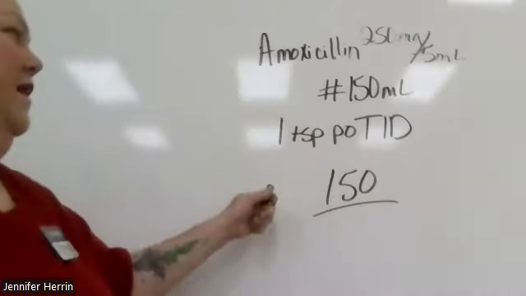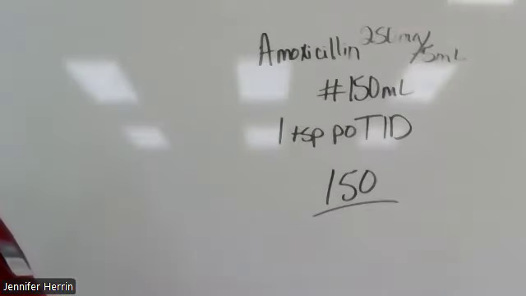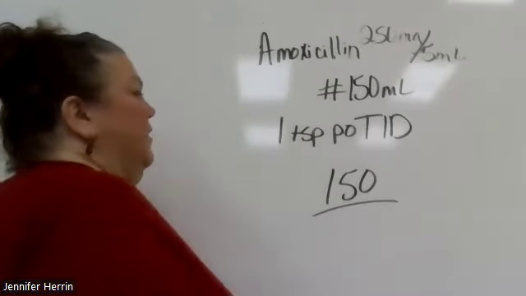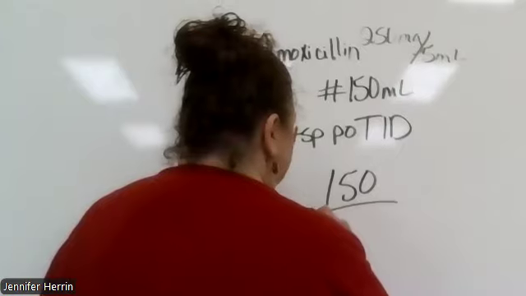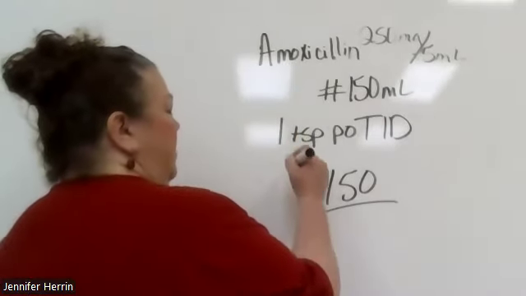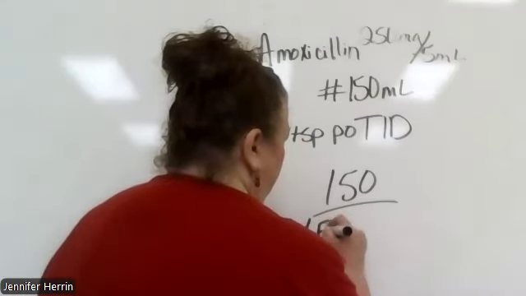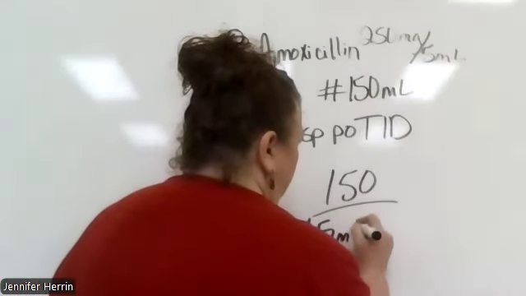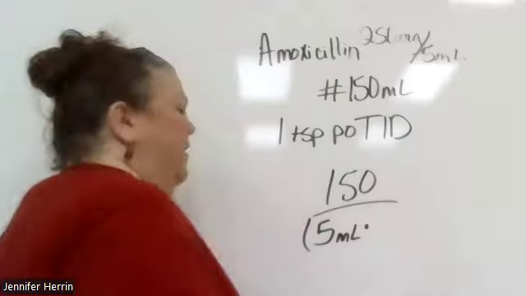Because I left that alone, I'm going to convert my dose into milliliters because my dose and my quantity need to be the same units. So 1 teaspoon has how many milliliters? 5 ml.